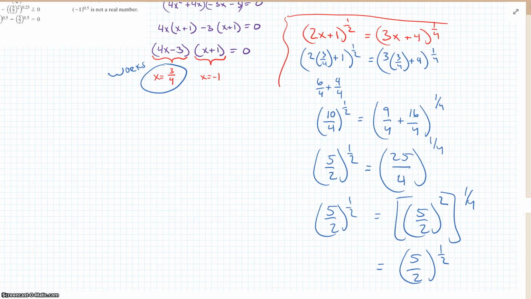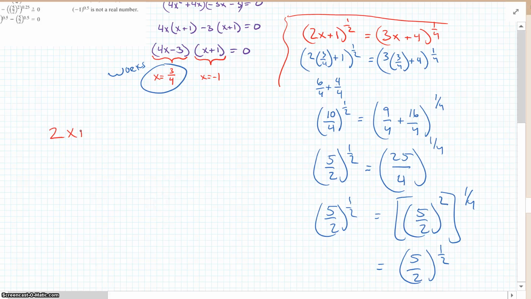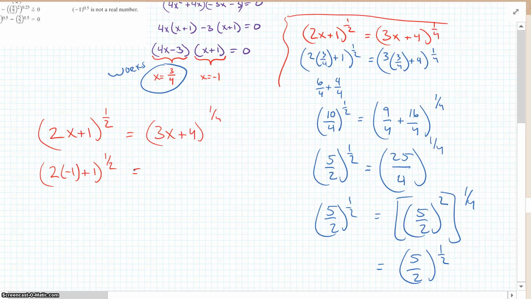So start back with the original equation. (2x plus 1) to the 1/2 power equals (3x plus 4) to the 1/4 power. So plug in negative 1. So I get (2 times negative 1 plus 1) to the 1/2 power equals (3 times negative 1 plus 4) to the 1/4 power.